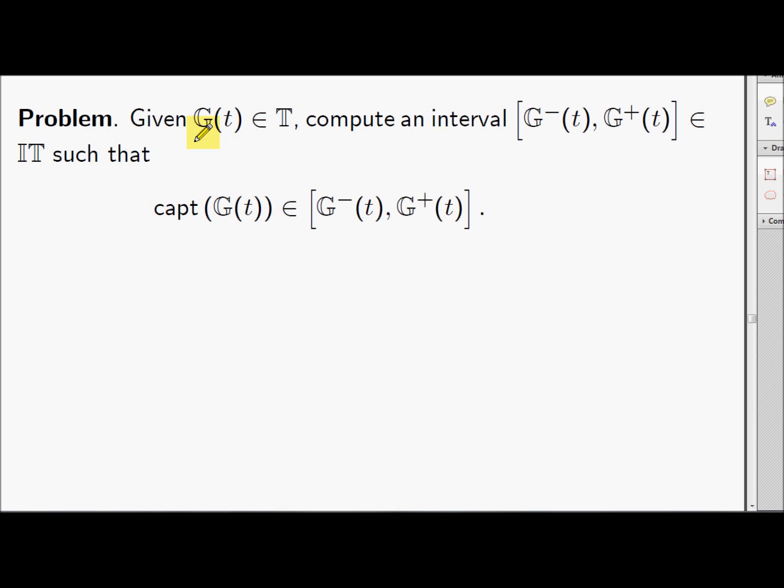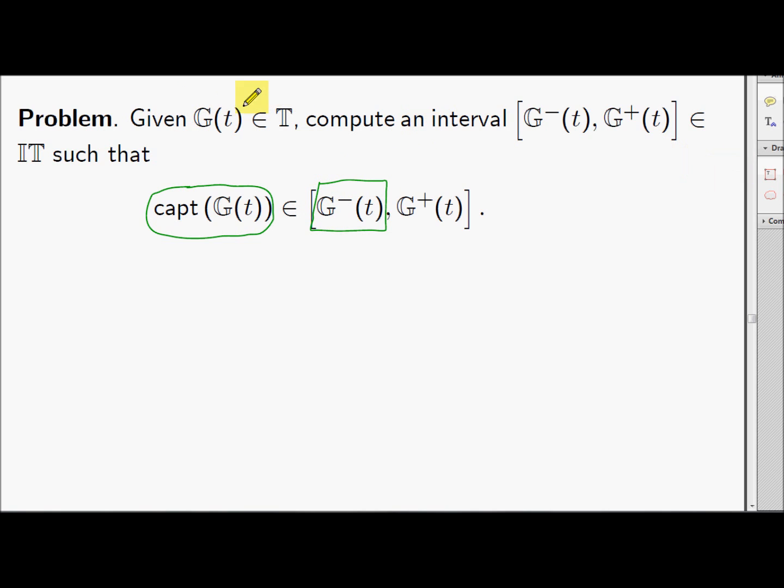So I will try to compute an interval, J minus, J plus, which encloses a capture tube, because I will not be able to compute this capture tube exactly. This cannot be represented inside the machine. So I can only have an approximation for this. So I will compute this one. Most of the time it will correspond to this.